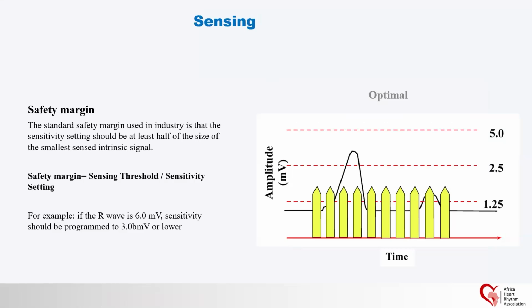We need to tolerate this activity and stop pacing at this time. So sensing is the ability of the pacemaker to see or detect the intrinsic activity of the myocardium.